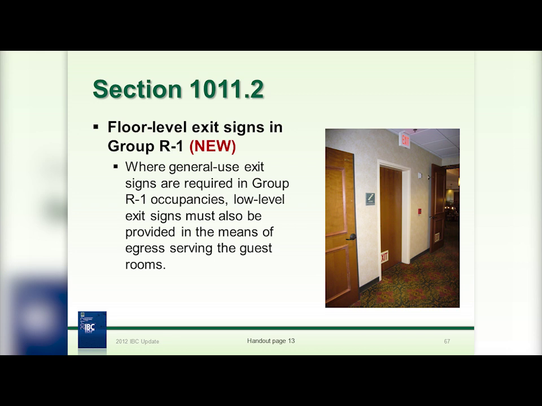It has to be mounted flush, but it still has to be internally or externally illuminated with a 90-minute battery power. So what you have to be careful of is if you do a sign on the door, you do not want to jeopardize the fire safety rating of your exit stairway door.